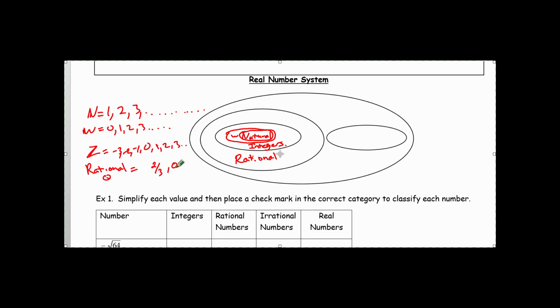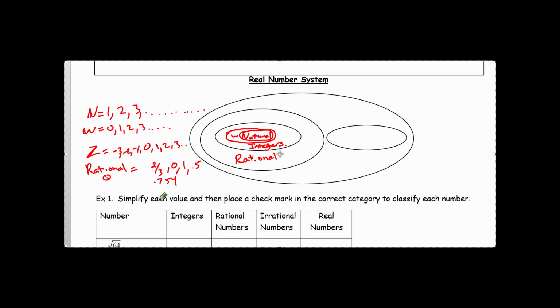But also 0 and 1, because 1 can be written as 1 over 1. It could also be written as 5 over 5. So all of the whole numbers are rational numbers. All of the fractions are rational numbers. And the same thing goes for decimals, like 0.5. That's 1/2. And 2/3 is 0.6 repeating.